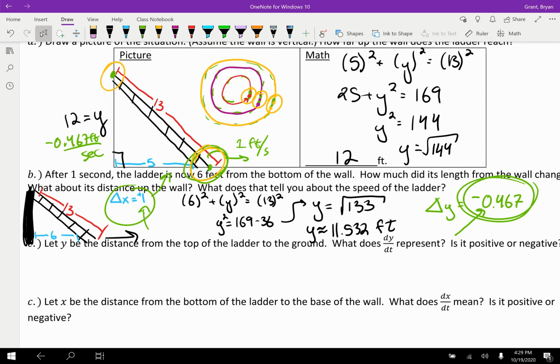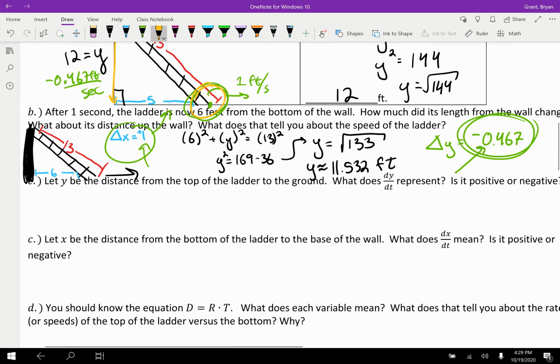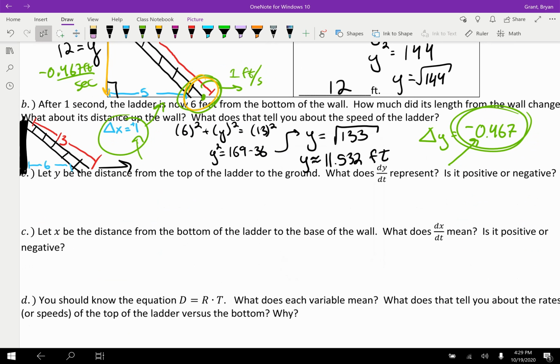Let's go ahead and define a few more variables here, though. Y is, as mentioned before, ignoring the merry-go-round idea, going to be the distance from the top of the ladder to the ground. And so then we're going to introduce a new variable, and this variable is going to be dy dt.